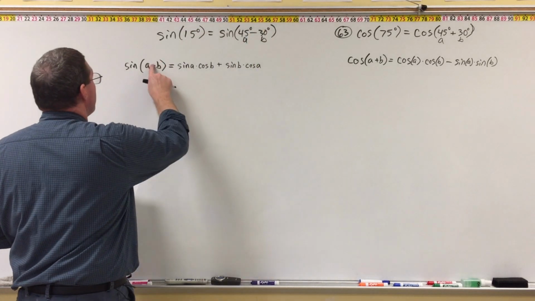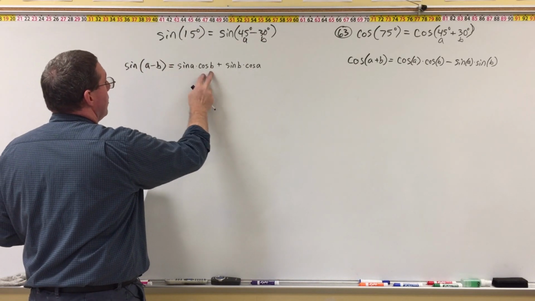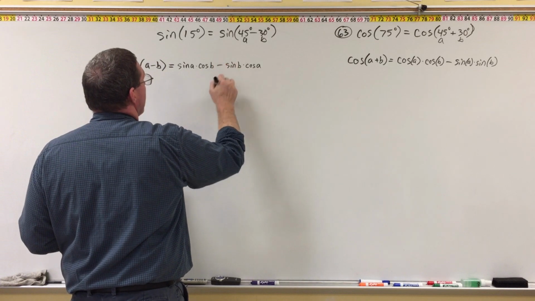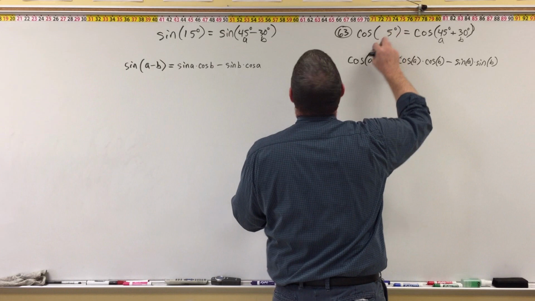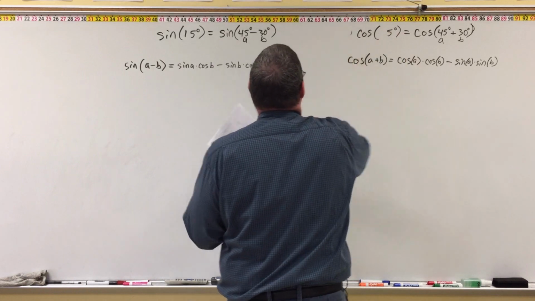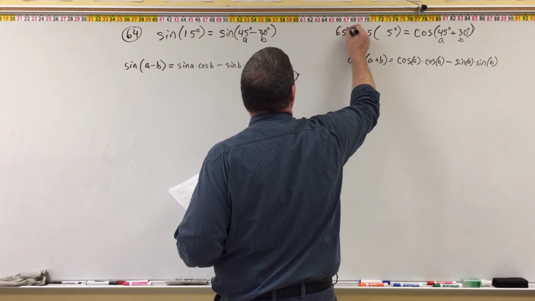And so we want to use our subtraction formula, which is sine of A times cosine of B minus sine of B times cosine of A. Cosine, this is going to be for question number 65. So this is 64. This one is 65.